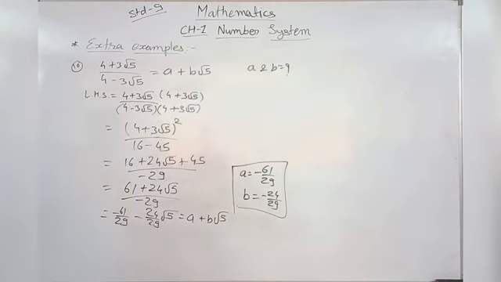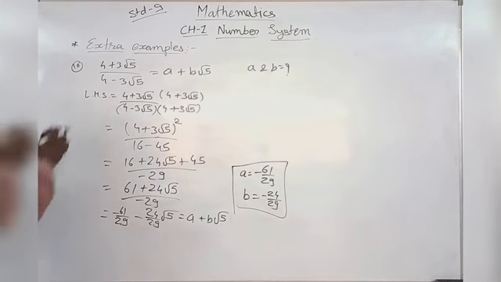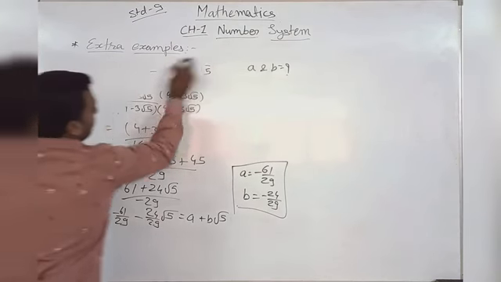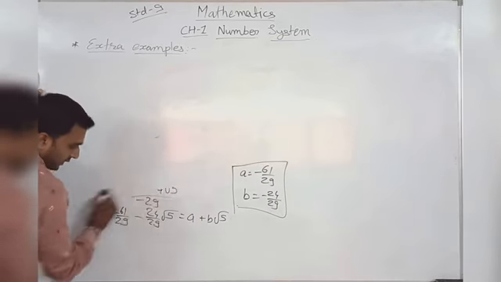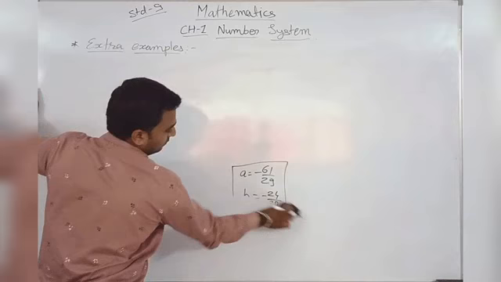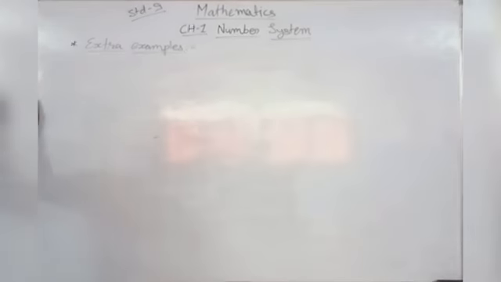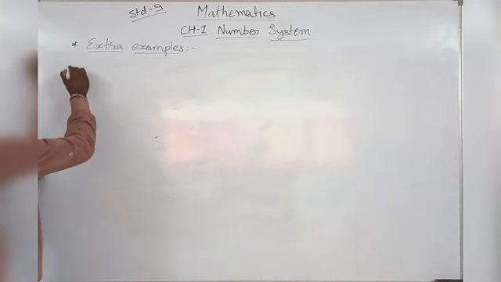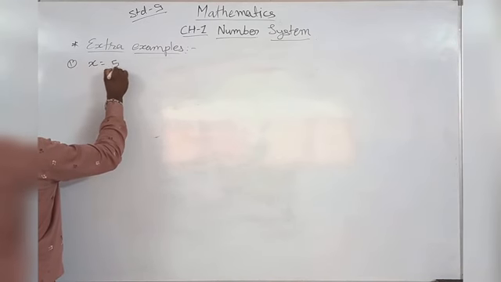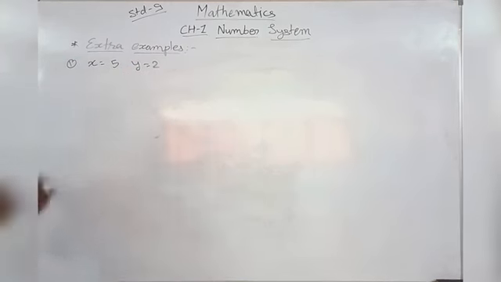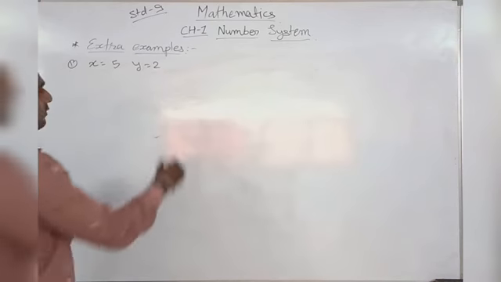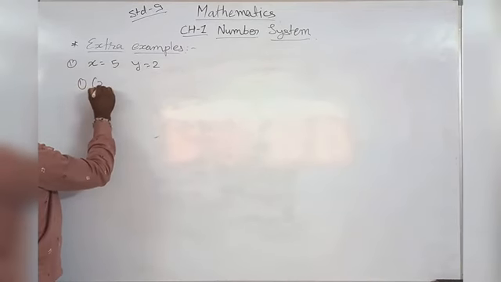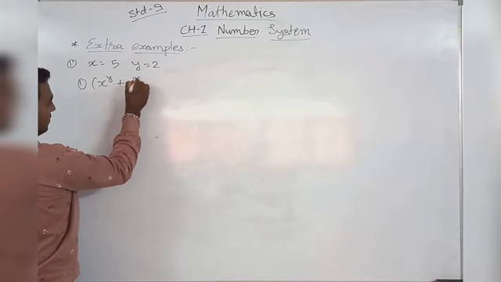Now next we do some more sums regarding exercise number 1.6. Here your question number 1 is: x is equal to 5, y is equal to 2, then find out the value of, first, x raised to y plus y raised to x.